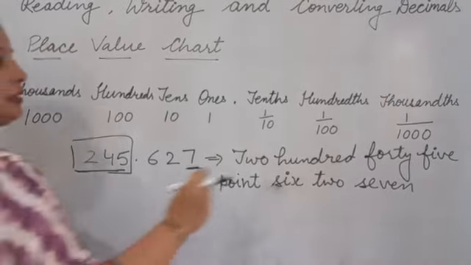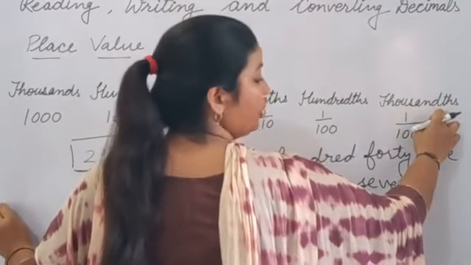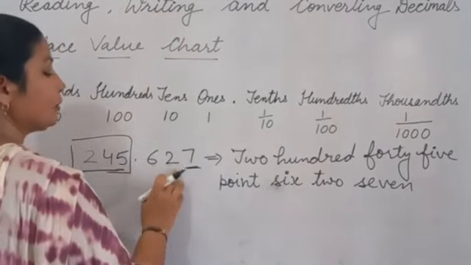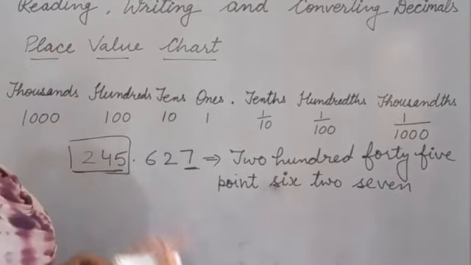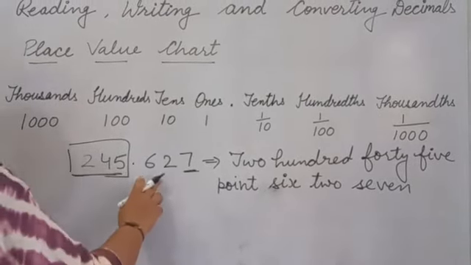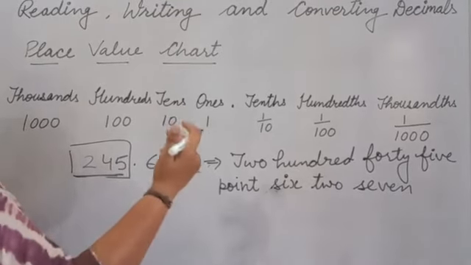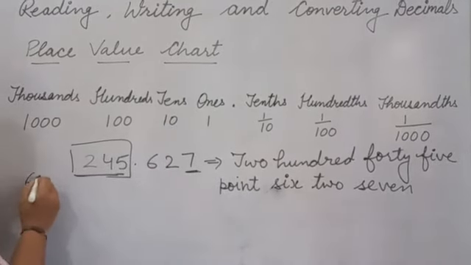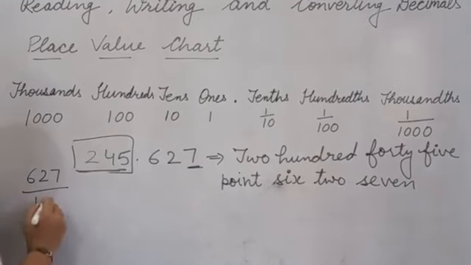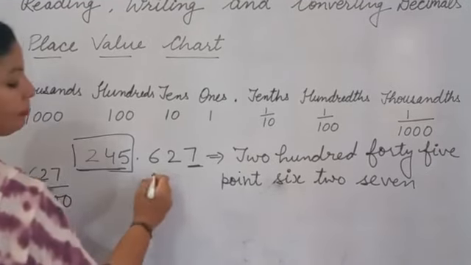The last column is what? Thousandth. So we will speak 627 thousandth, because that means 627 upon 1000, because there are 3 decimal places.